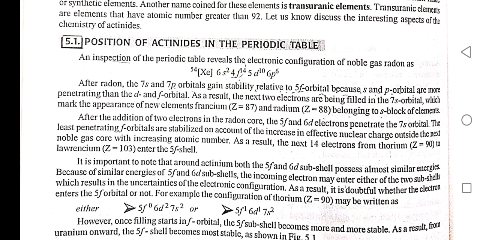After the addition of two electrons in the radon core, the 5f and 6d electrons penetrate the 7s orbital. The least penetrating f orbitals are stabilized on account of the increase in effective nuclear charge outside the next noble gas core with increasing atomic number.